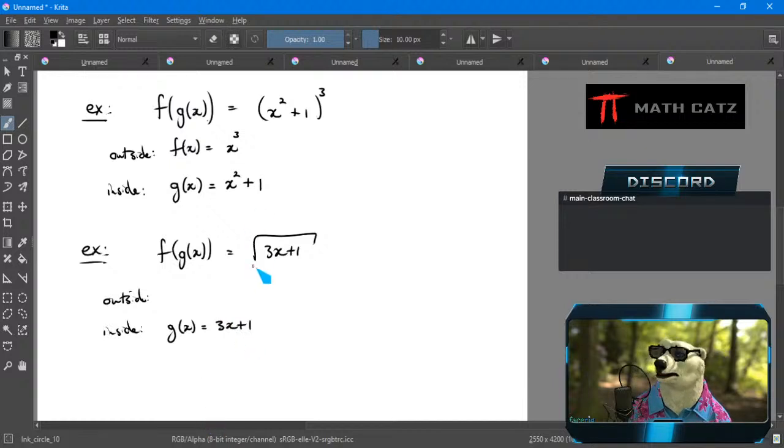The square root acts like a bracket, and that helps me spot, oh, 3x plus 1. Once I have settled on my 3x plus 1 function, I'm kind of stuck. The outside function has to be the one that fits with it so that it gives me my end result, and it's the square root of x.